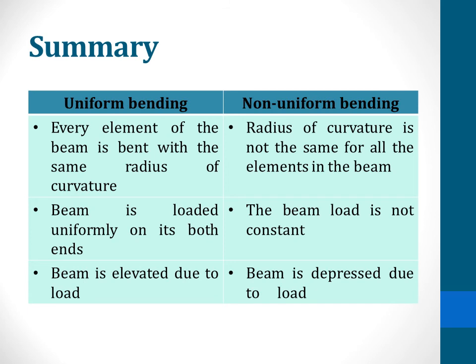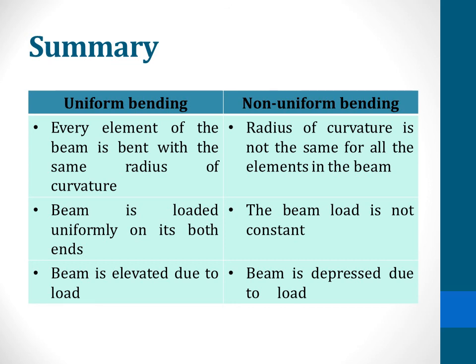Summarizing uniform and non-uniform bending, which we just saw, uniform bending has every element of the beam bent with the same radius of curvature, while for non-uniform bending, the radius of curvature is different for different elements in the beam.